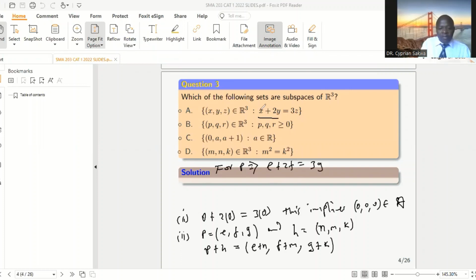By this formula, the first element plus 2 times the second element should give you 3 times the third element. And for this H, we know that N plus 2M should give us 3K, because P has been picked from A and H has been picked from A, so they must meet this condition. Now, what about P plus H?